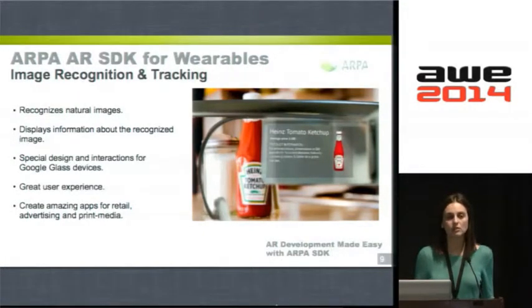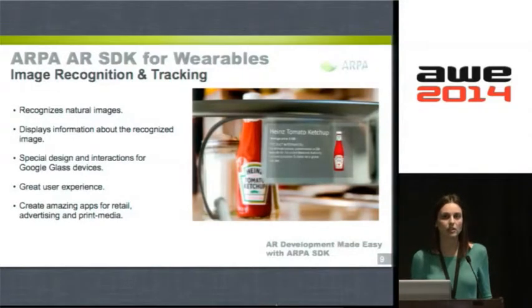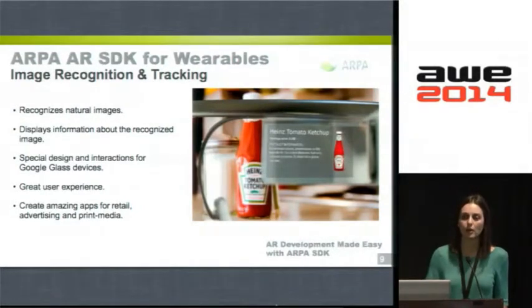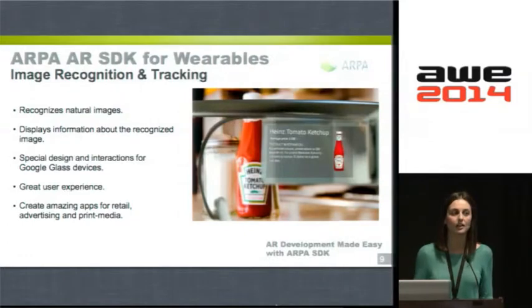However, if you want to create AR apps with tracking, you can use the general version of our SDK for Android, which also works fine. It provides a really good user experience, and you can create this kind of apps that are really useful and appropriate for industries like retail, print media, and advertising.